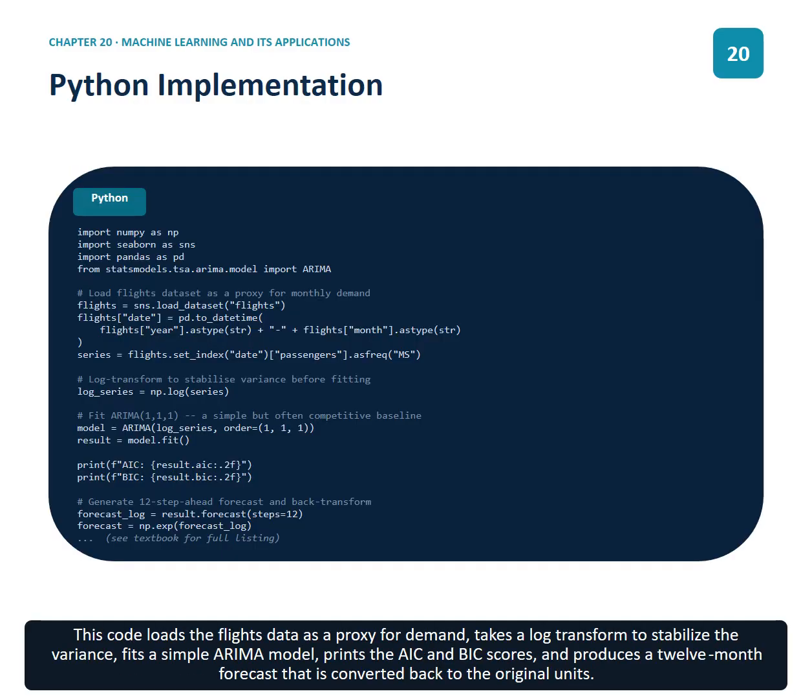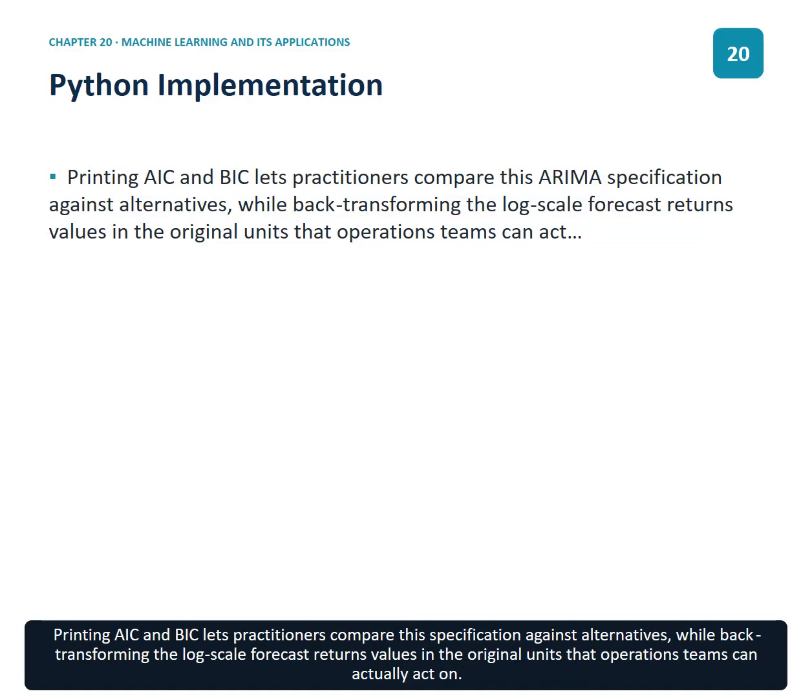This code loads the flights data as a proxy for demand, takes a log transform to stabilize the variance, fits a simple ARIMA model, prints the AIC and BIC scores, and produces a 12-month forecast that is converted back to the original units. Printing AIC and BIC lets practitioners compare this specification against alternatives, while back transforming the log scale forecast returns values in the original units that operations teams can actually act on.